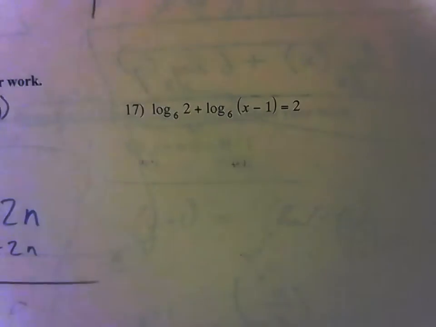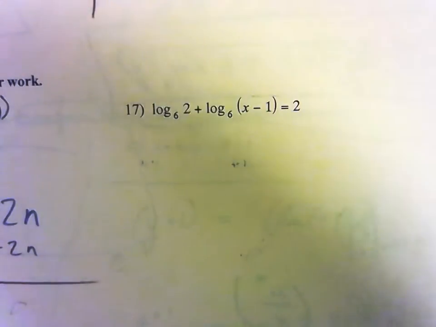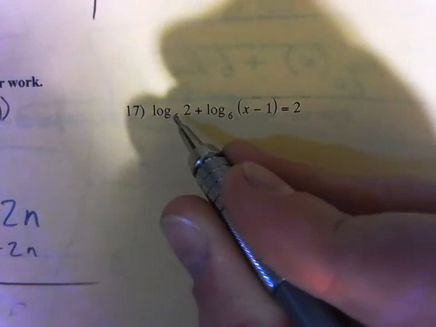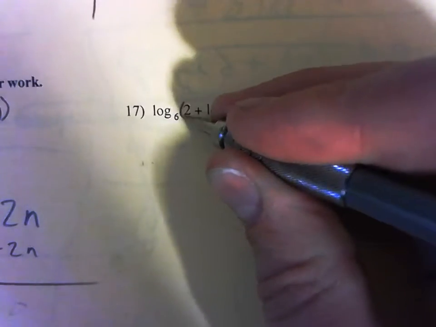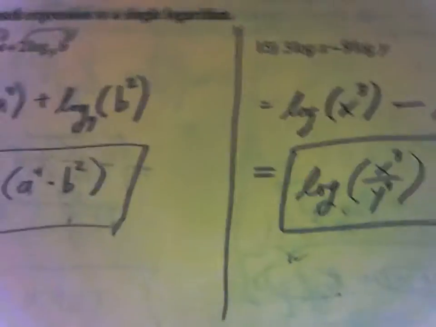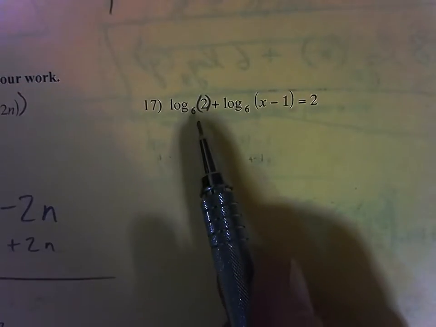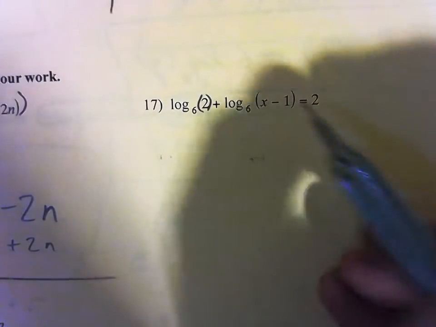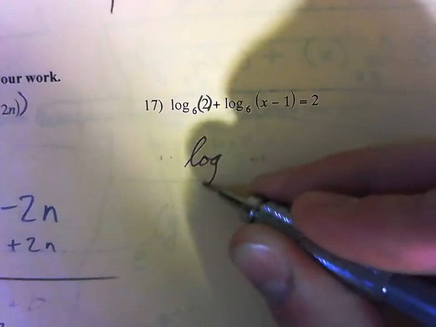We want 1 log base 6, or else weird, crazy things are going to happen. So we've got to use the log properties that we just talked about, actually even just right up here on the same page. And we're going to say log base 6 of 2 plus log base 6 of x minus 1 we can combine into one big log base 6.